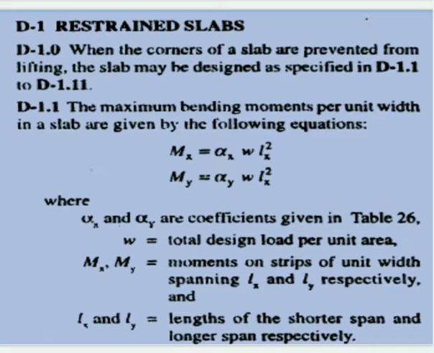The clause says that the design bending moments Mx and My should be taken as Mx equal to alpha x into w lx square and My equal to alpha y into w lx square only, where w is nothing but Wu, which is your ultimate load, and lx is lx effective, that is the effective length along the shorter span. Now alpha x and alpha y values will be taken from Table 26 in case of a restrained slab.